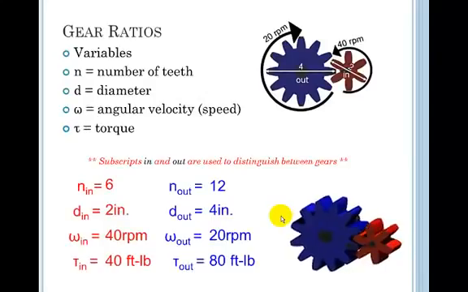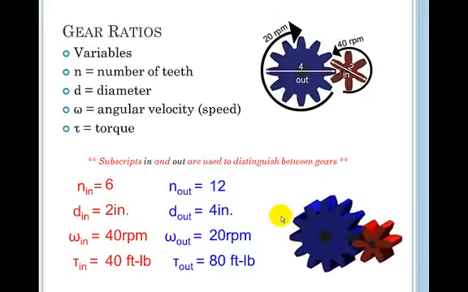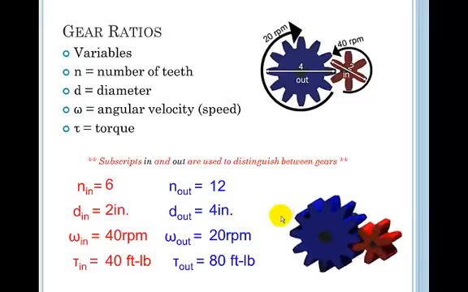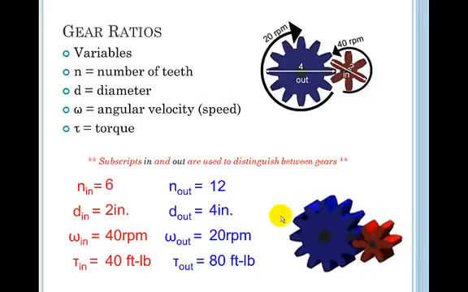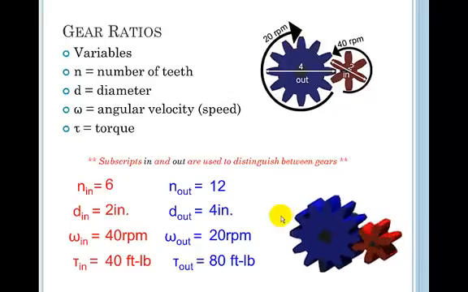So gear ratios have a number of variables, and they are the number of teeth, the diameter, the angular velocity or the speed, and that funny looking W is the Greek symbol omega. A lot of times in the interest of speed you'll see me just write that as W or RPM, and T is torque.